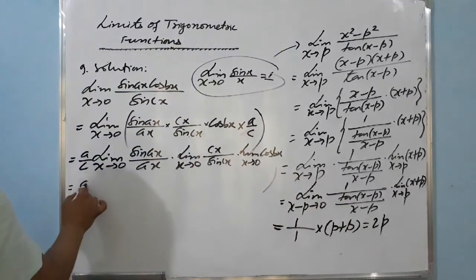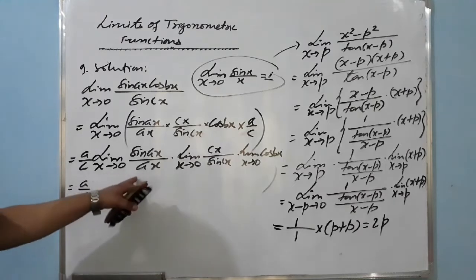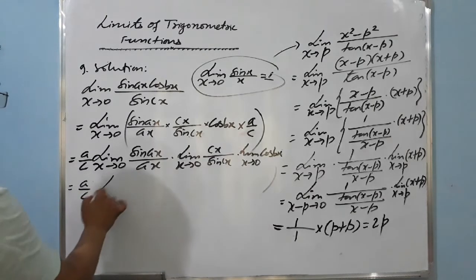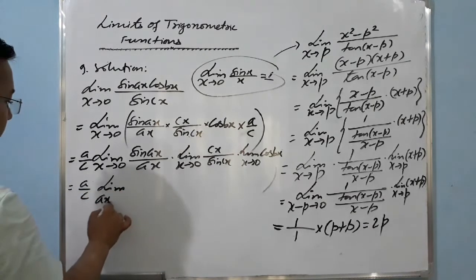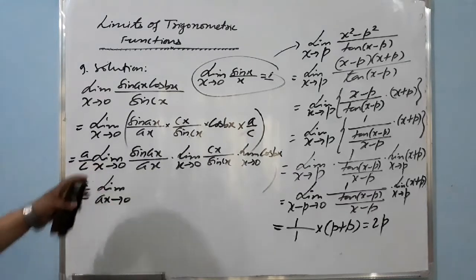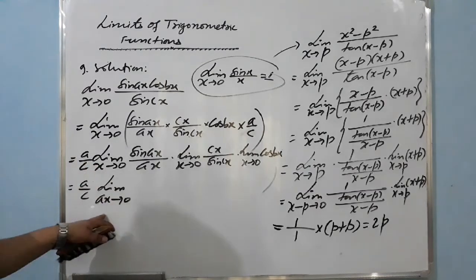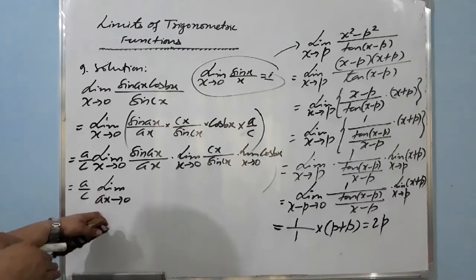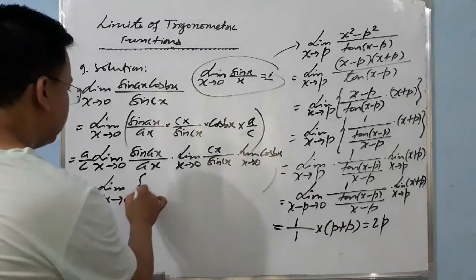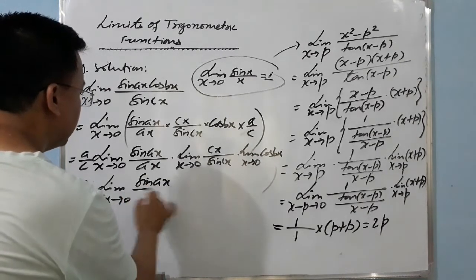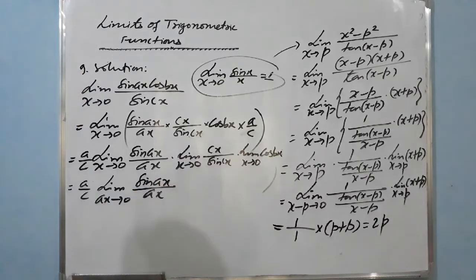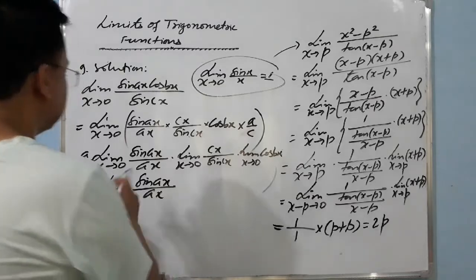And here a upon c, directly we can write 1, but I am going to tell you one more step. If you have any confusion, you can leave it in this position, or you can write it this way, to make it completely in the theorem form.